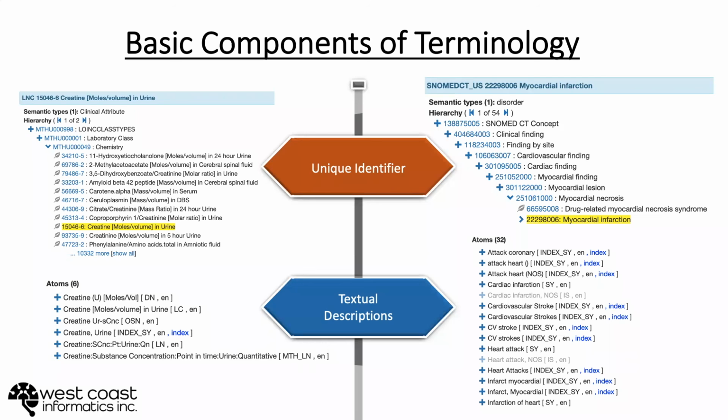As you can see, both concepts have hierarchies in this case. So they have some kind of hierarchical structure. So these are just a few of the shared common components of terminologies, but there are a lot more that we can talk about in further presentations. Thank you.